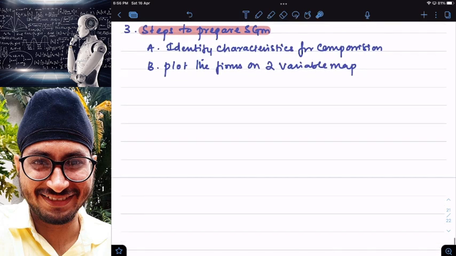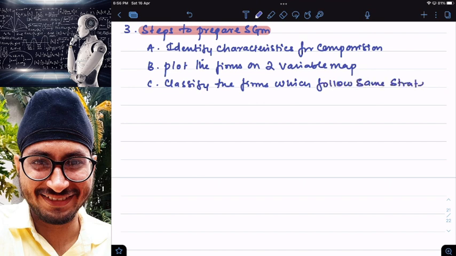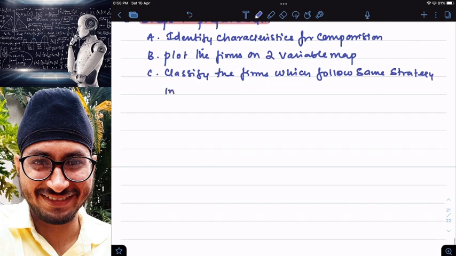And step number 3, classify the firms which follow the same strategy. Clear? Classify the firms which follow the same strategy into a single group.